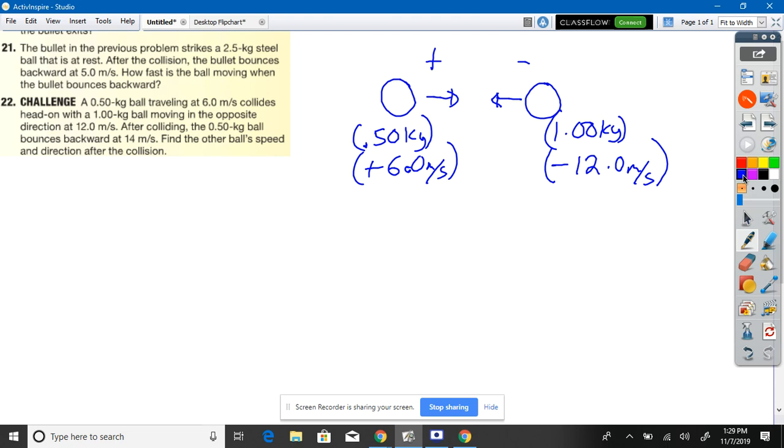Now, what it wants you to do is, after the collision, which direction are these things going to be moving? I think you guys know that if this is smaller and lighter, it's probably going to be moving back this way, right? But the question is, what is the final velocity of this ball? What is going to be the sign and the number of that ball?